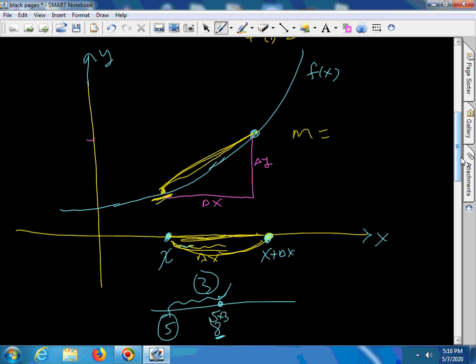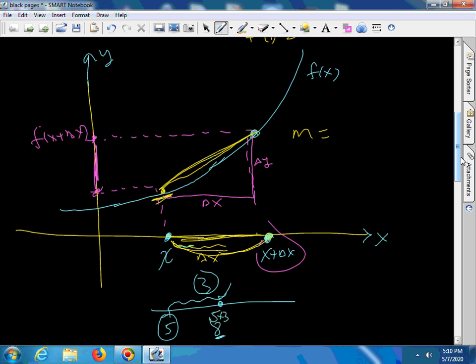That is, it is this distance. What is this point? That point is f of x plus delta x. That height is f of x plus delta x. And what is the height over here?